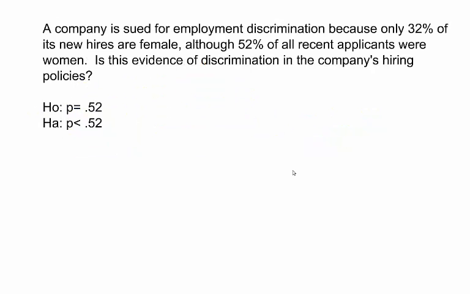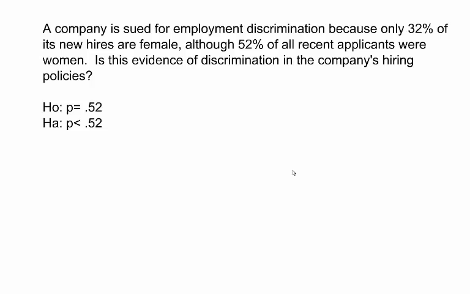Let's explore some of these new concepts in greater detail with an example problem. Suppose a company is sued for employment discrimination because only 32% of its new hires are female, although 52% of all recent applicants were women. Is this evidence of discrimination in the company's hiring policies? We'll set up our null and alternate hypotheses.